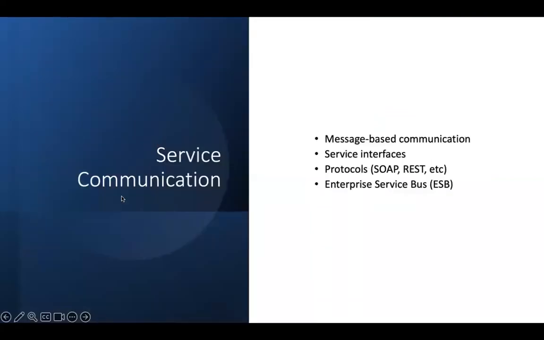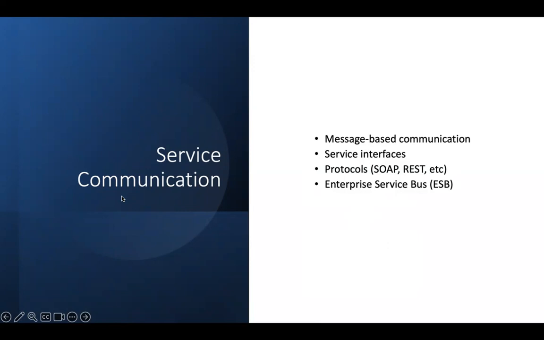So, service communication: how does the communication between multiple services work? We have four different types of communication. We have message-based communication, where the data is exchanged in a structured format. And we also have the service interfaces and the communication protocols, for example, SOAP and REST.